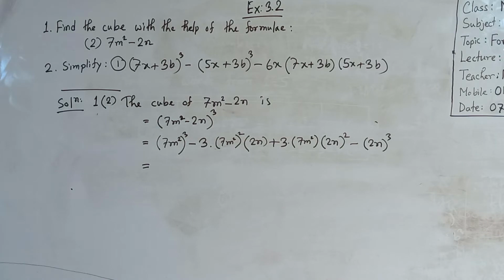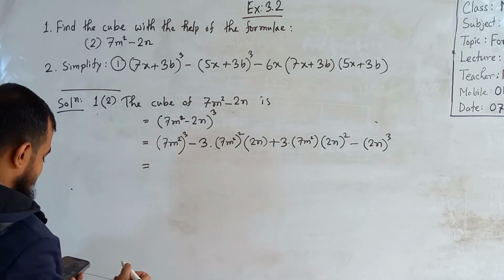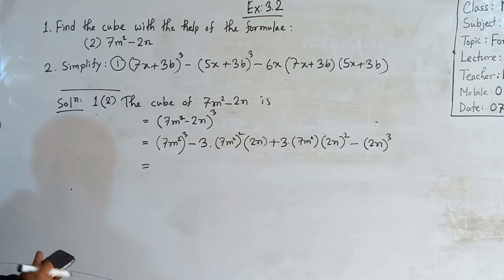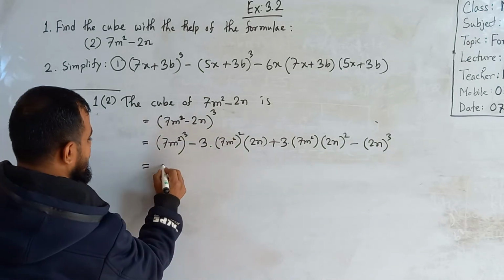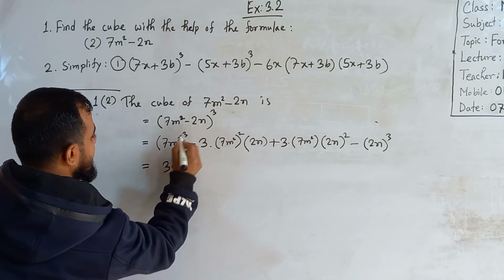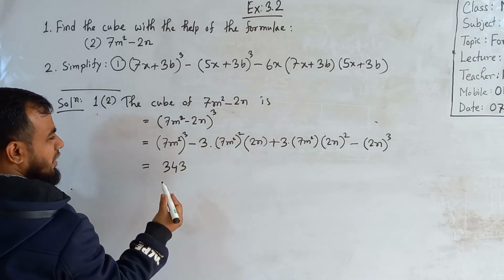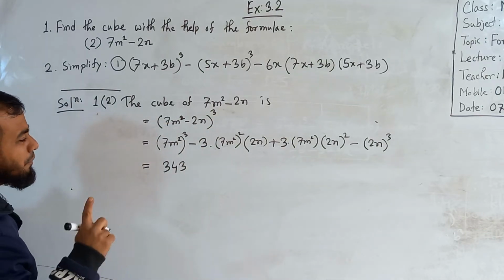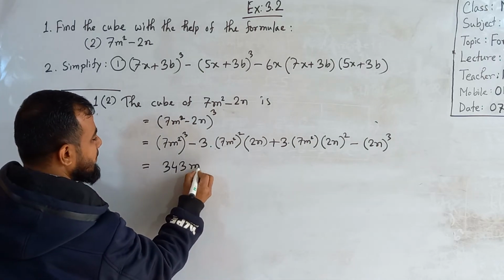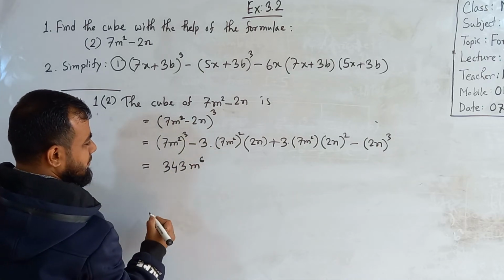Now calculate it. It's 7 cube, this means that 7 is multiplied to itself 3 times: 7 times 7 times 7 is equal to 343. m squared has the cube, so power has the power, that means these powers will be multiplied, it will be m to the 6, 2 multiplied by 3 is 6.